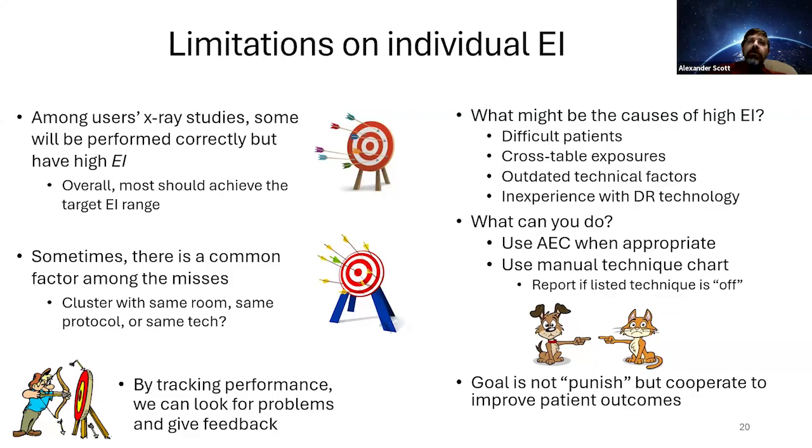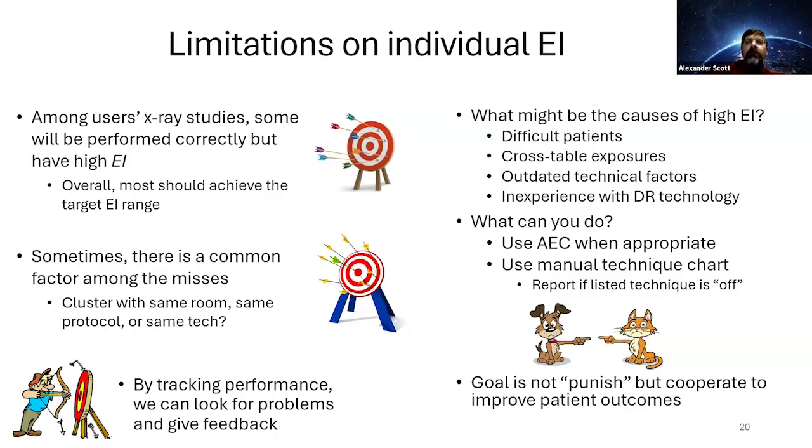So when we go back and look at the technique that was used, it was appropriate for the body habitus. So why did we get some crazy EI? The answer is we don't know. And so if we were looking at an individual exposure or exam, we'd have so many per month.